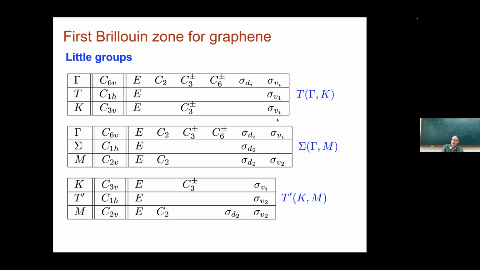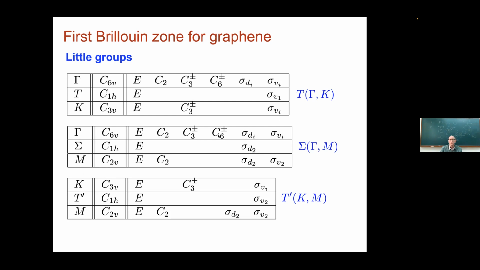The little groups for lines are always subgroups of the little groups for the endpoints, which are high symmetry points. Okay, this will be very important. This is related with subduction, and this is related with compatibility, which is crucial. The concept of compatibility is crucial for topological quantum chemistry and all the topological applications. So that's the reason I'm insisting on this.